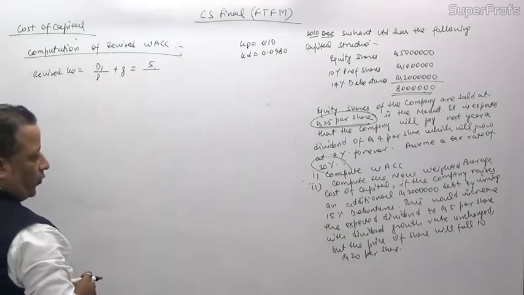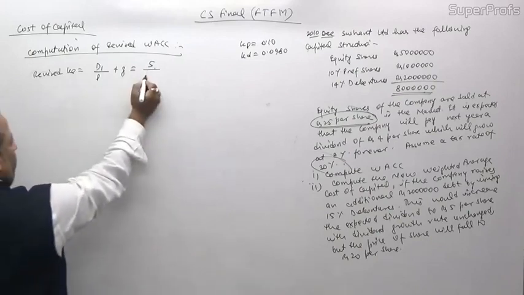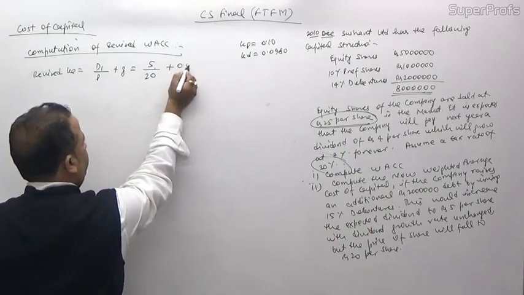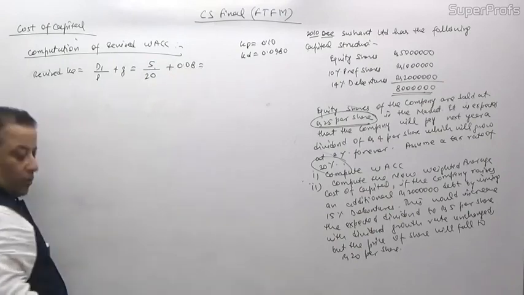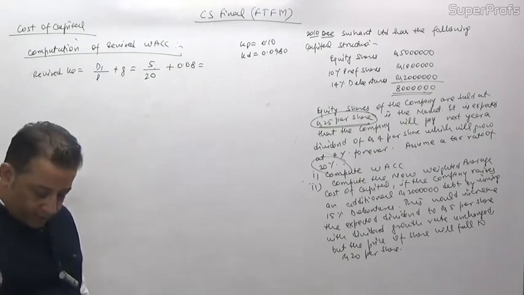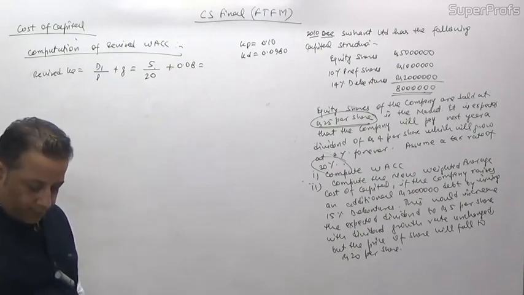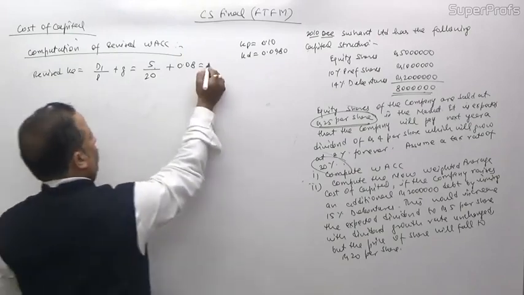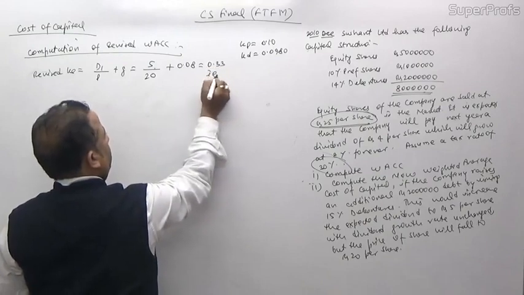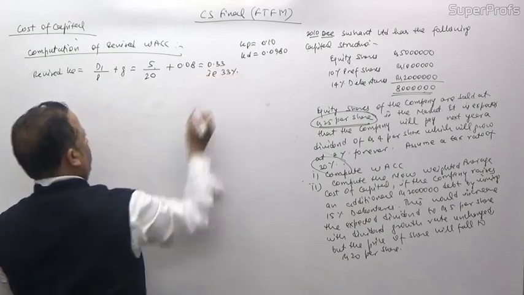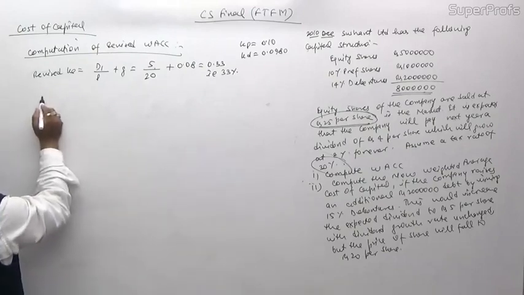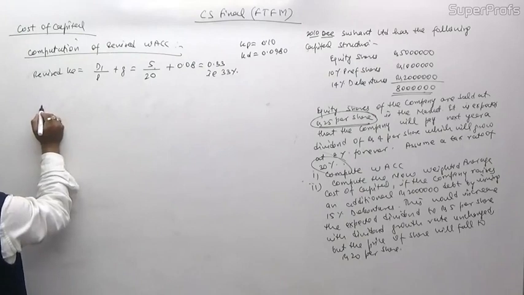P stands for flotation price, not given, but the market price is 20. The growth rate remains unchanged at 8%. 5 divided by 20 plus 0.08, that is 0.33, that is 33%.